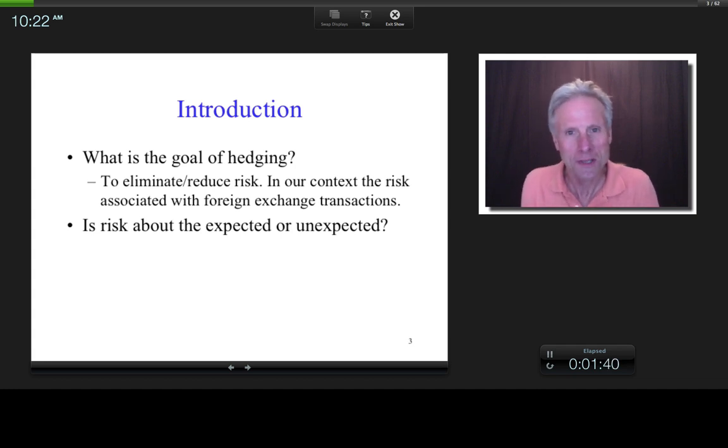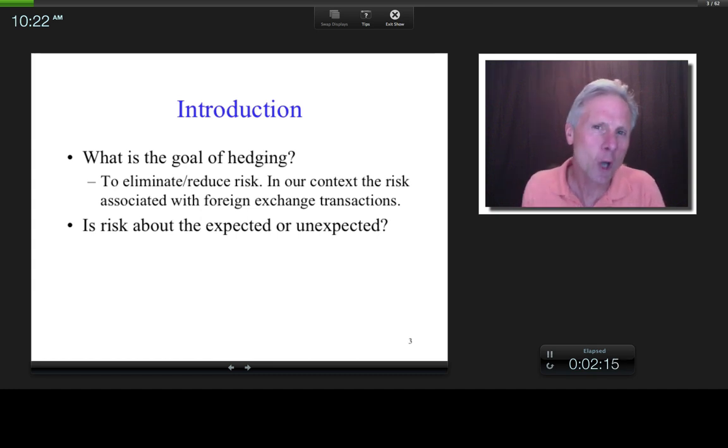So what you expected to happen has always happened, and nothing unexpected has ever happened when it comes to the sun rising. So, at least based on historic experience, the risk associated with whether or not the sun will unexpectedly not rise is probably zero, right? And so basically risk is about the unexpected.